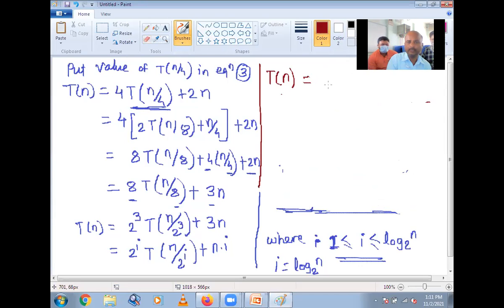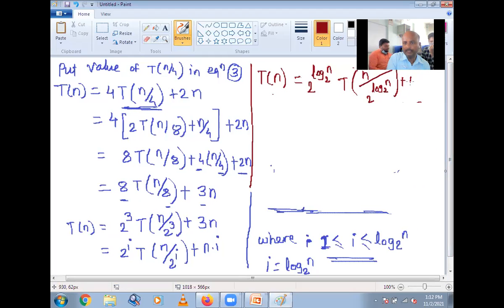T of n is equal to 2 raised to log n base 2, into T of n upon 2 raised to log n base 2, plus n into log n base 2.